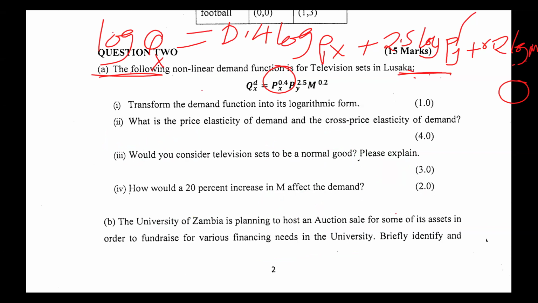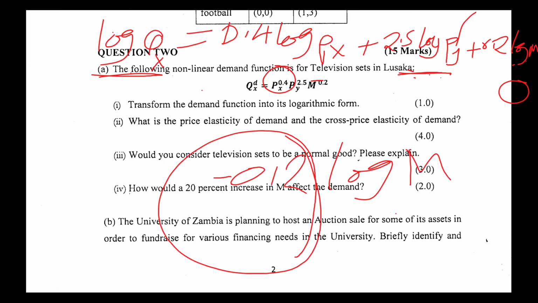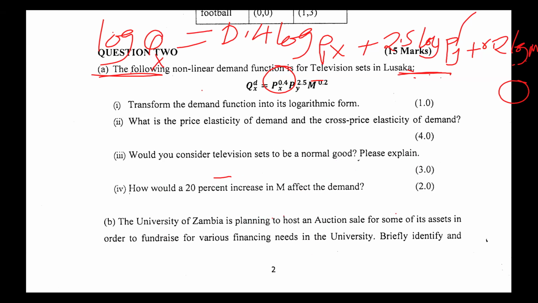If it were negative, and by the way you may find other functions where these powers are negatives, for example negative 0.2 log of a certain number, if you get an exponent that is negative, then that simply means these are complement goods. Okay.